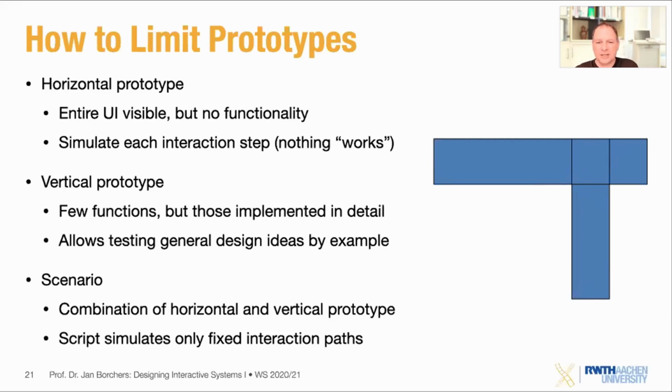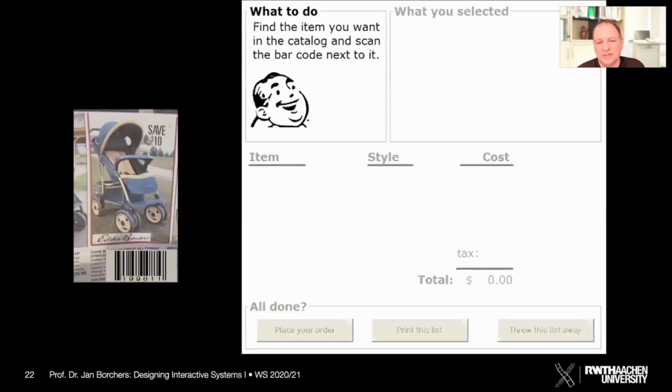So let me show you an example of this here. In a shopping app, the goal would be to create an app that you can run on your mobile device while you are inside a store, right? And you are walking around something like Toys R Us, and you are shopping for things, and you discover something that you want on the shelf.